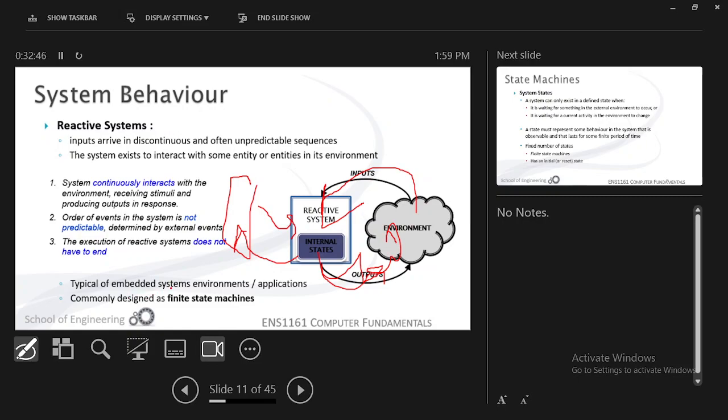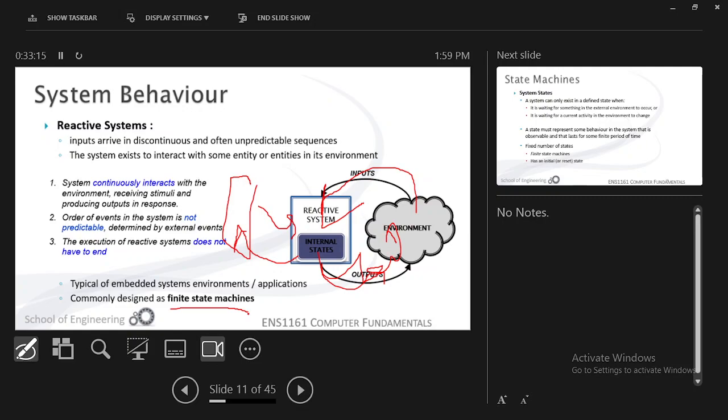Typical embedded systems and environment applications are commonly designed as finite state machines. Finite state machines are computational machines that you can learn. I don't think you need to go through them in detail, but having a general understanding is mandatory.